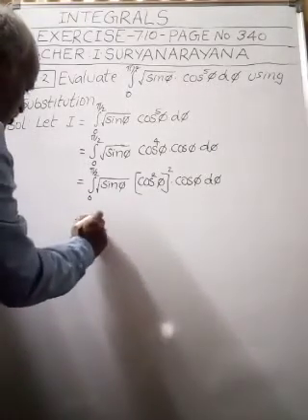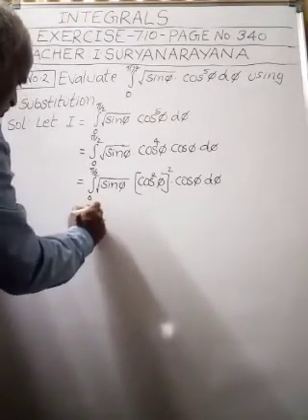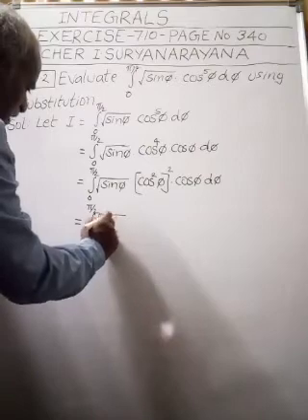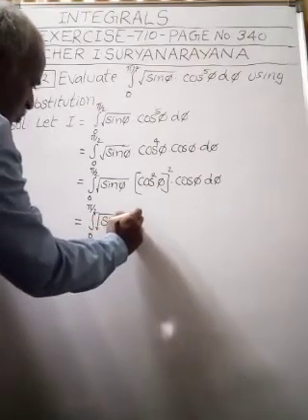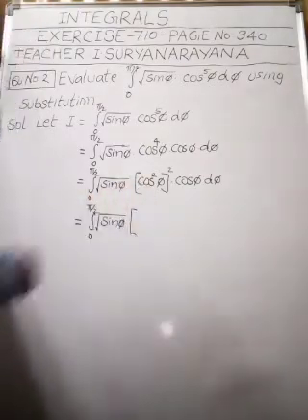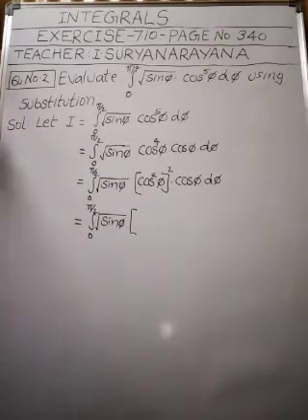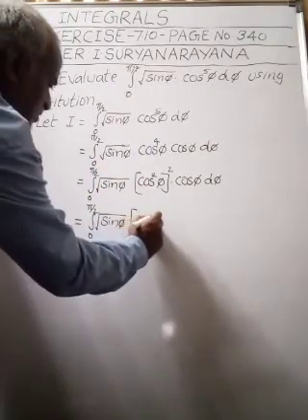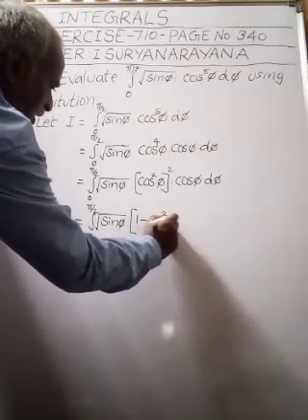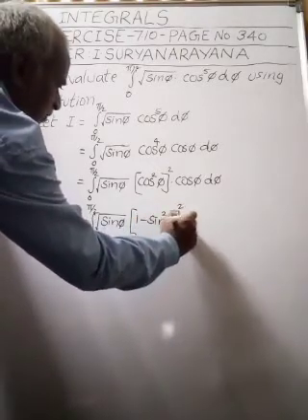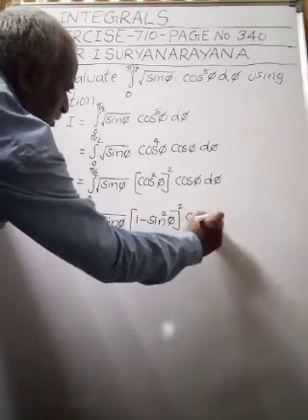Right. Integral 0 to pi by 2 square root of sine phi into, here I am converting this cos square phi in terms of sine square. How can you write it: (1 minus sine square phi) whole square into cos phi d phi.